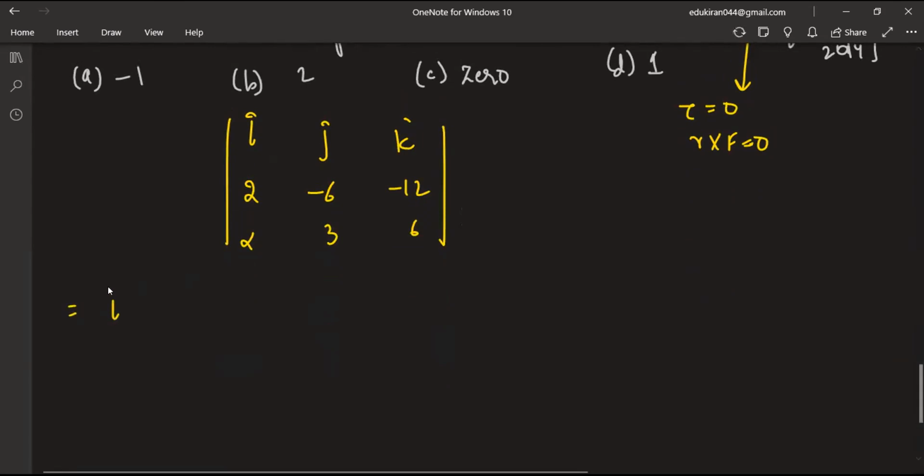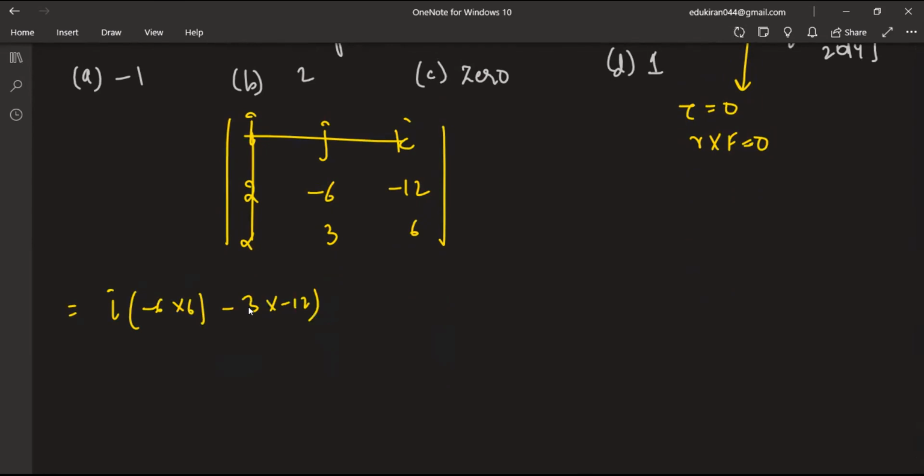So with i cap, cut the row and column of i cap: 6 minus 6 into 6, minus 3 into minus 12. This is one quantity which you will get. Yes, Rania, correct answer.